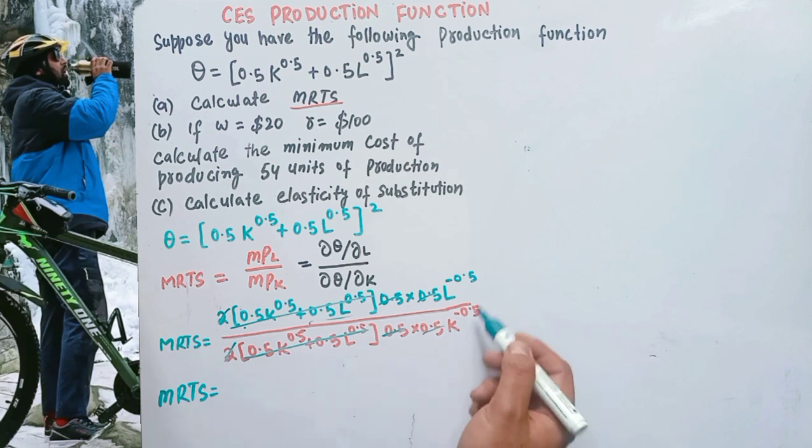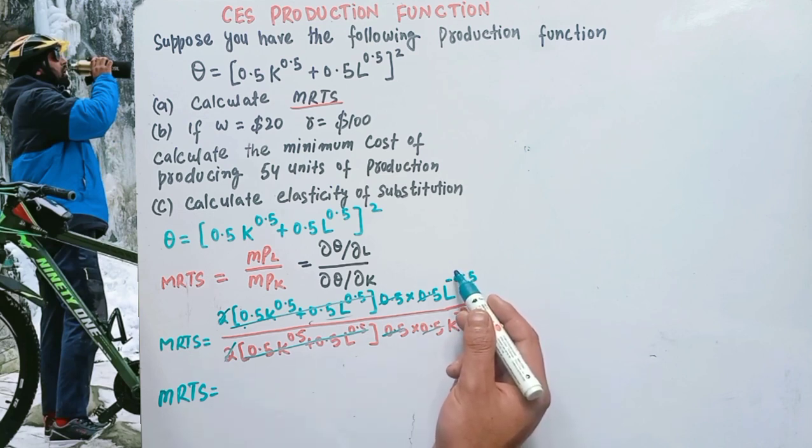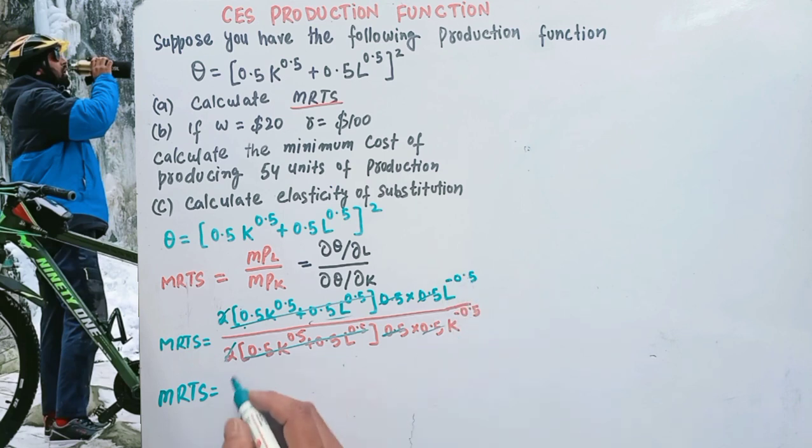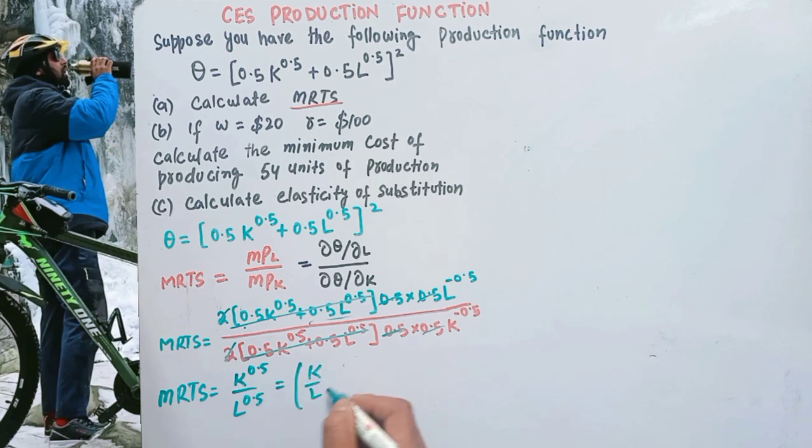If I transpose K to the power 0.5 to the numerator and L to the power 0.5 to the denominator, the exponent sign will get changed, so we will get K to the power 0.5 upon L to the power 0.5. I can write it in this fashion, that is K upon L raised to the power 0.5. Okay, so let's write 1 upon 2 in place of 0.5 to make more sense. We can write it also as 1 upon 2.